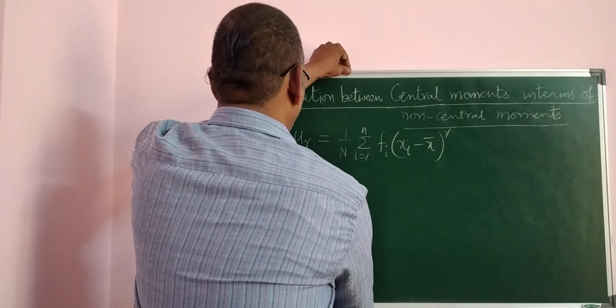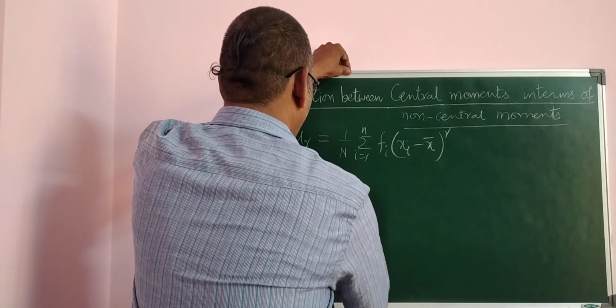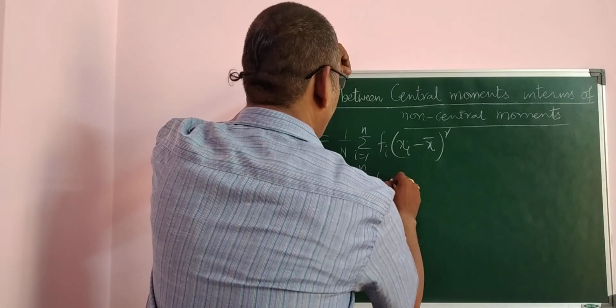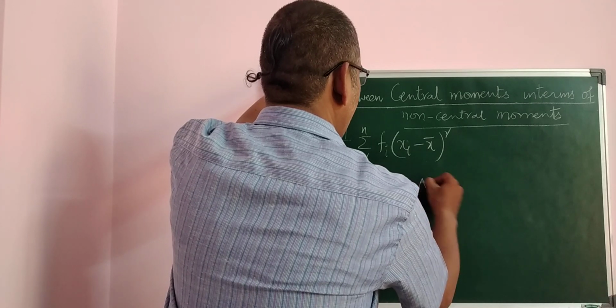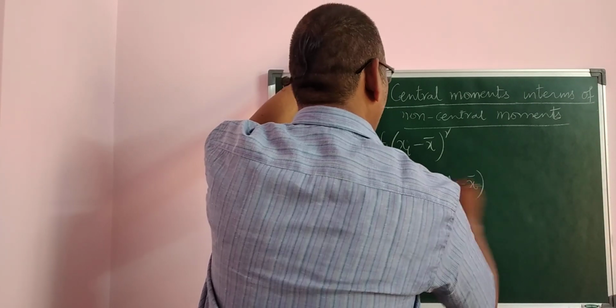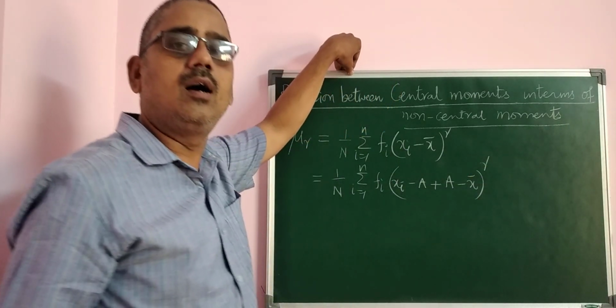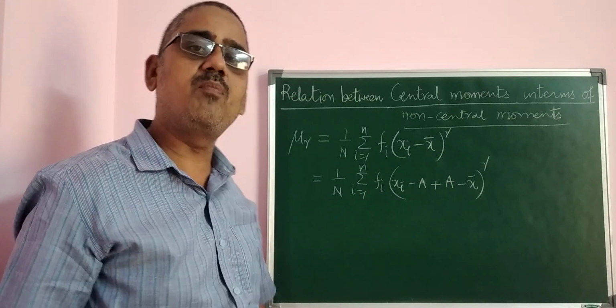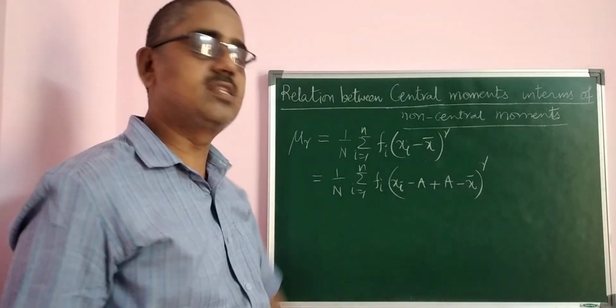So it is equivalent to 1 by n summation i equal to 1 to n, fi into (xi minus a plus a minus x bar) whole power r. I added and subtracted an arbitrary point a.